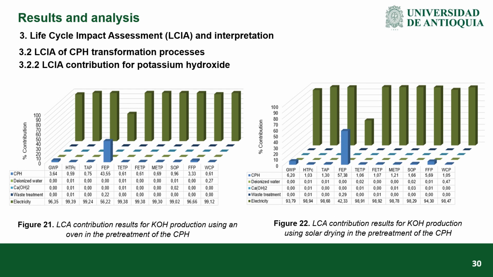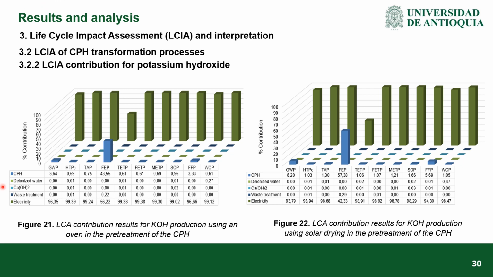For the potassium hydroxide, both scenarios for the pretreatment of CPH were considered. This figure corresponds to the result with pretreatment drying of CPH in an oven in the laboratory, and this corresponds to using solar drying pretreatment.